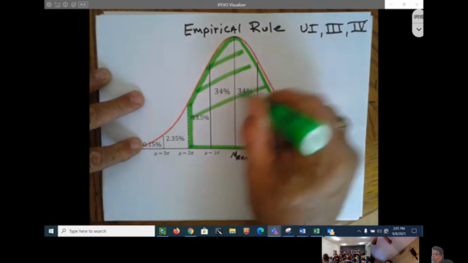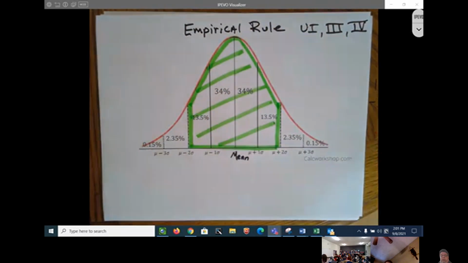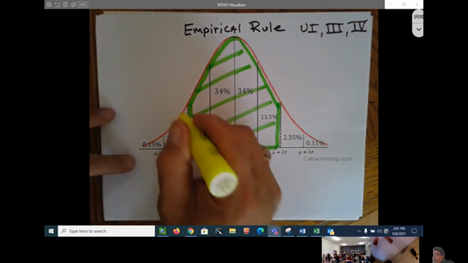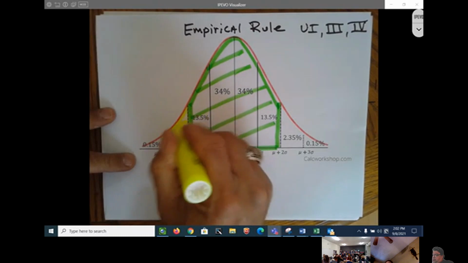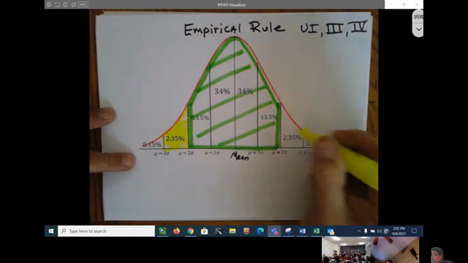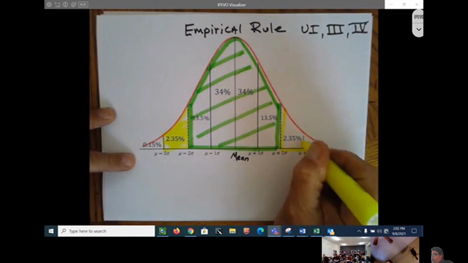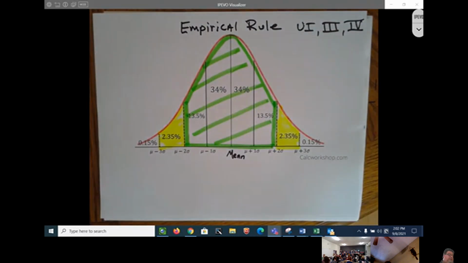That's your normal area. Your unusual area is between the second and third standard deviation. And your outliers are outside 3 standard deviations.